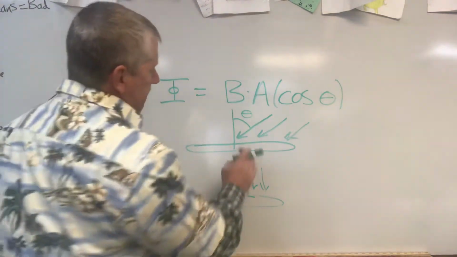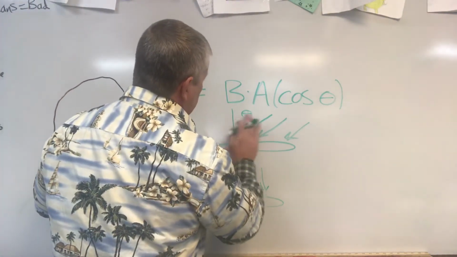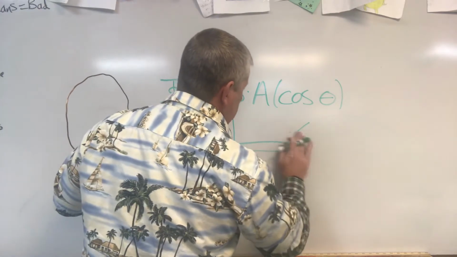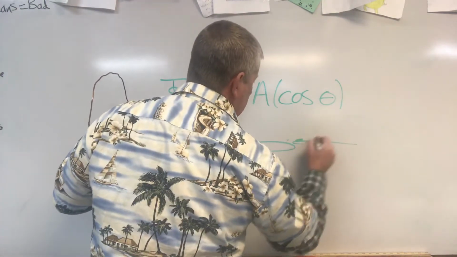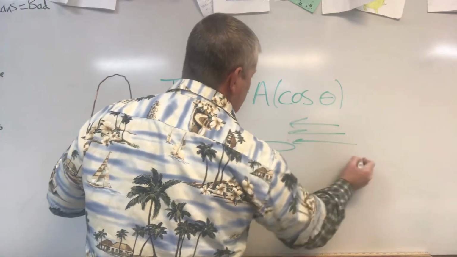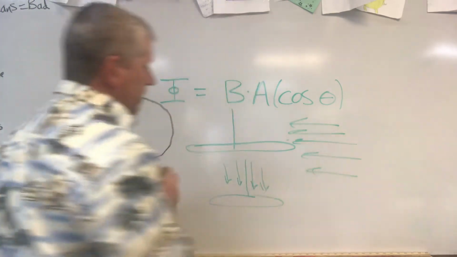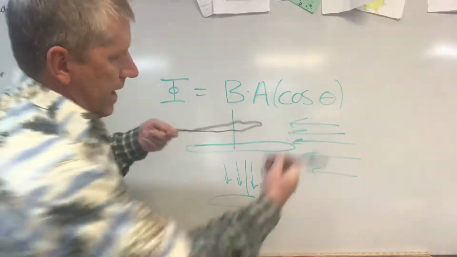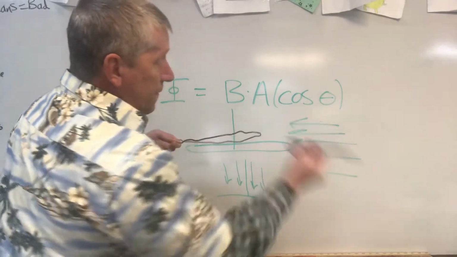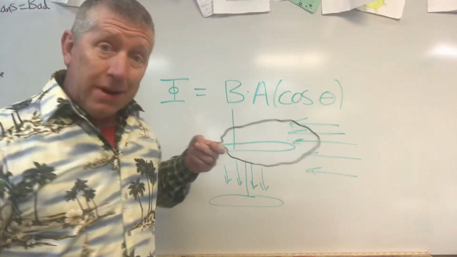Now, what would happen if we had our field like this, coming from the right to the left, and we have the wire here? Now no field lines are going through the face of the wire, are they?